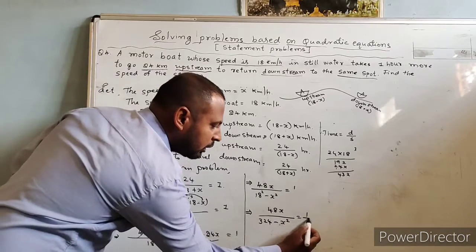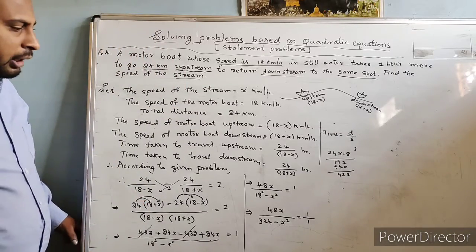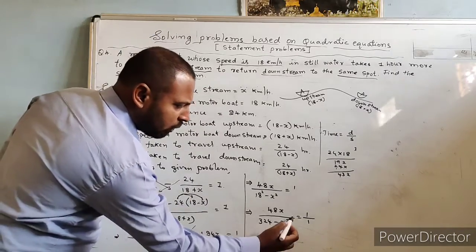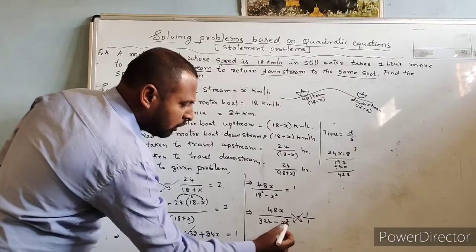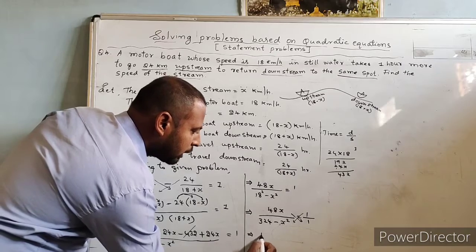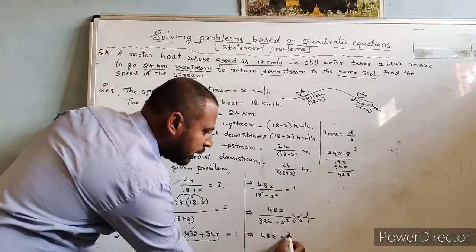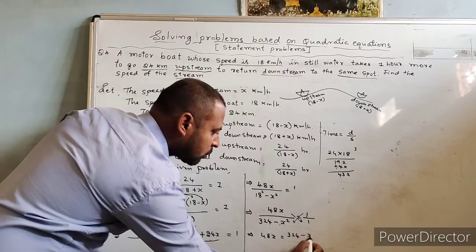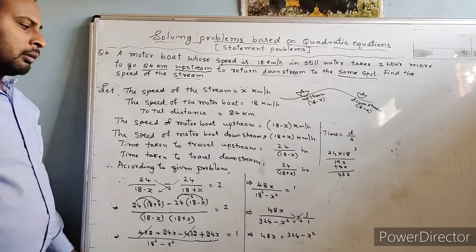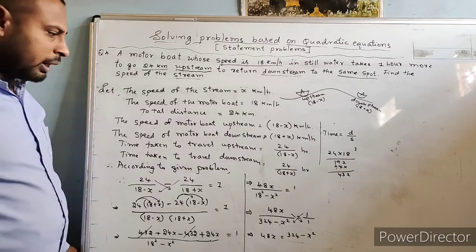If there is no denominator, we can take 1 as the common denominator. Now cross multiply. By cross multiplication we get 48x is equal to, multiplying with 1, 324 minus x square. Now write in the standard form of a quadratic equation.